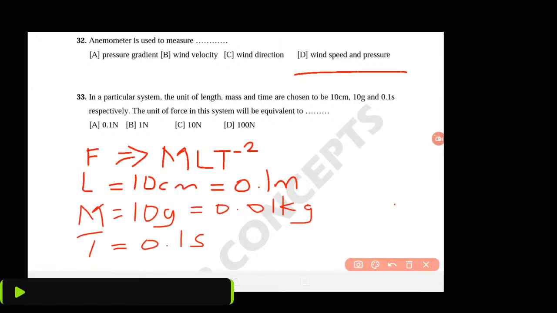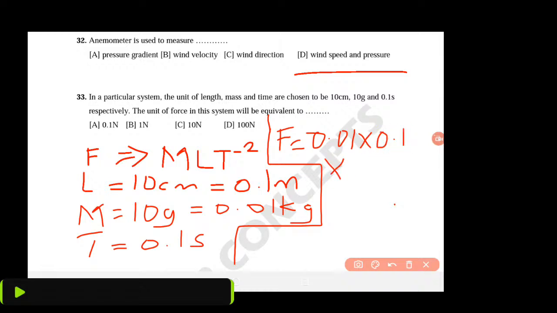Bringing all this together, we can have our force equal to our M, which is 0.01, multiplied by our L, which is 0.1, and our T, since T is carrying the power of minus 2, let's make it the denominator, and that will be 0.1 all squared.